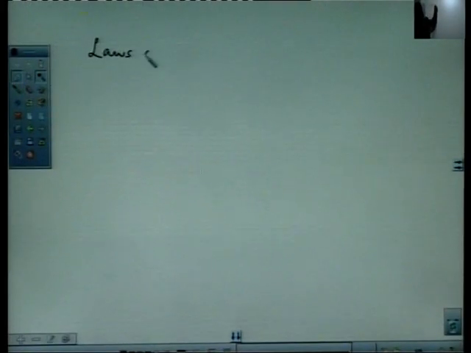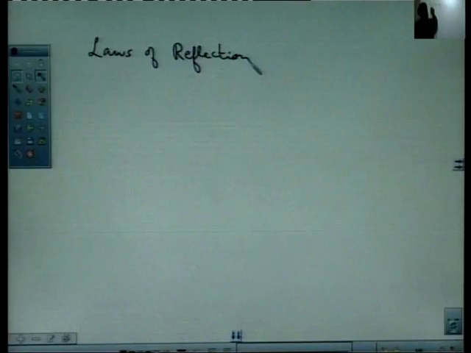Now, this reflection follows certain laws which are called laws of reflection.